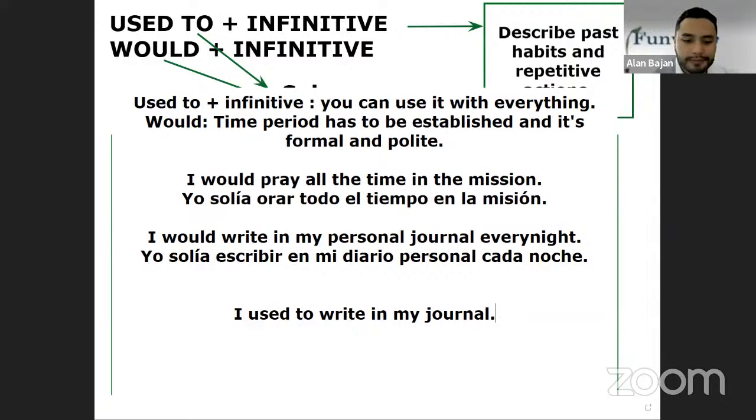And that's okay. But with would, because it's formal and polite, we need to specify the period of time: when I was a missionary, when I was single, when I traveled, when I was a child, etc.